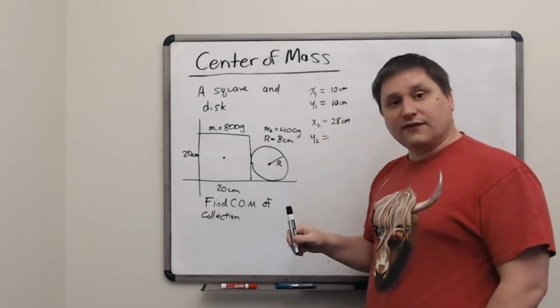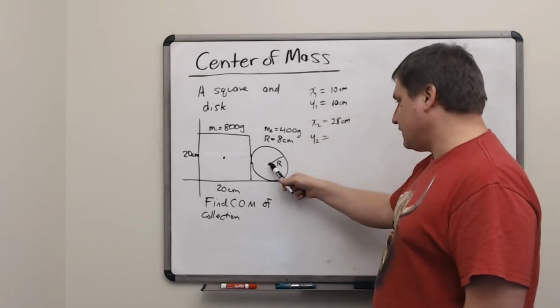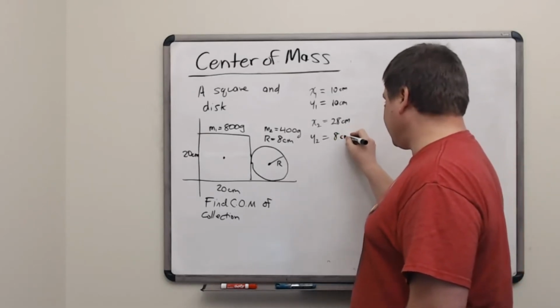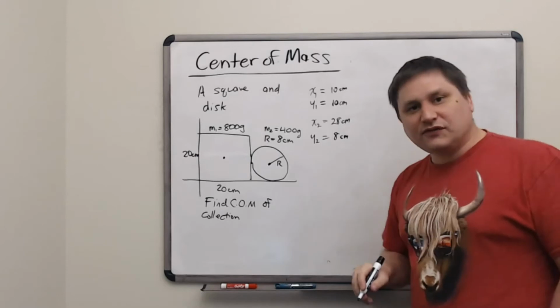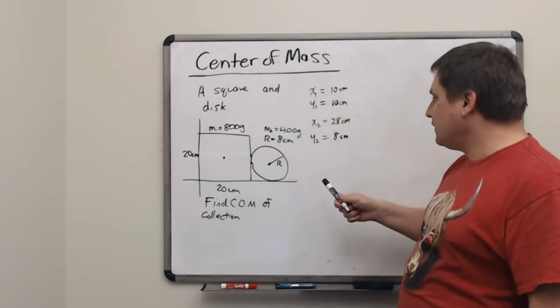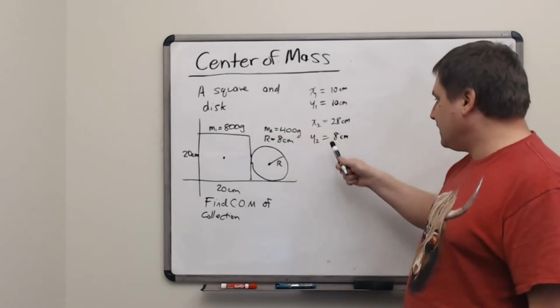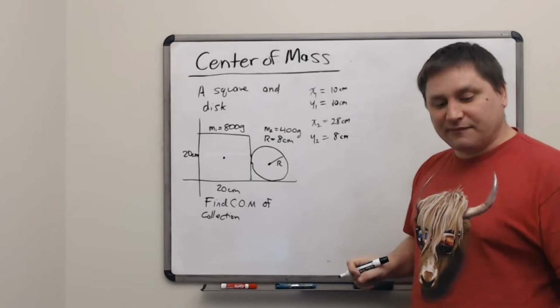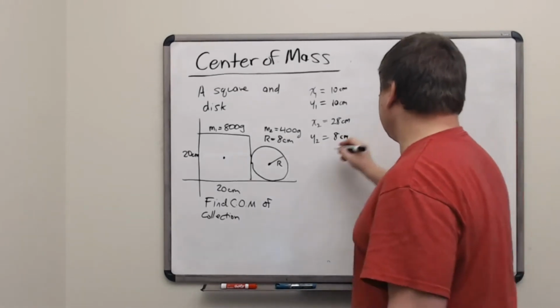The y-coordinate for the center of mass of the disk is just up 8 from the x-axis, so 8 centimeters there. So once we do that, then we can just imagine that there's a point particle at this location of mass 800 grams, a point particle at this location of mass 400 grams, and calculate the center of mass like that.